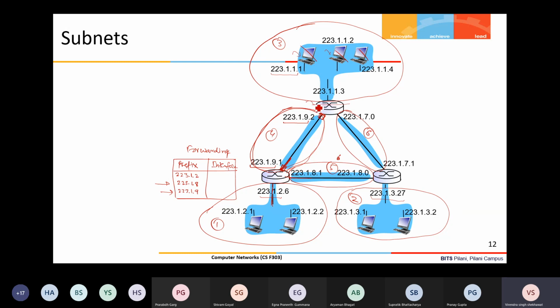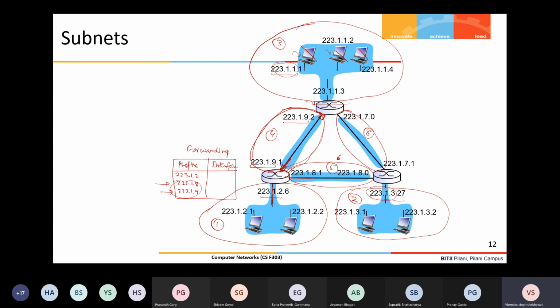The router is not running an application, but for some control packets, something can be destined to it. As far as the application is concerned, most of the time my applications are running at an end host only. So there is no end host connected, so there will be no packet destined. But certainly packets can be destined to 223.1.1, 223.1.3, 223.1.2.